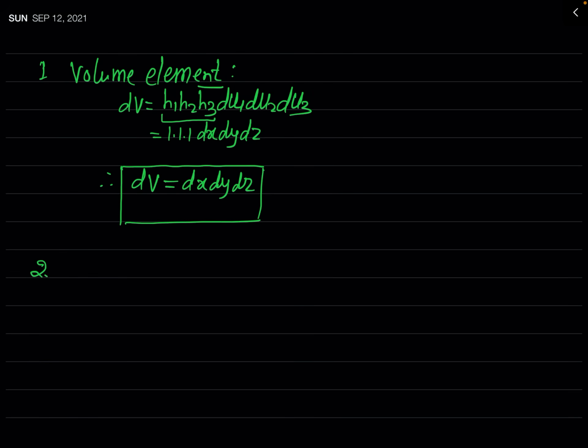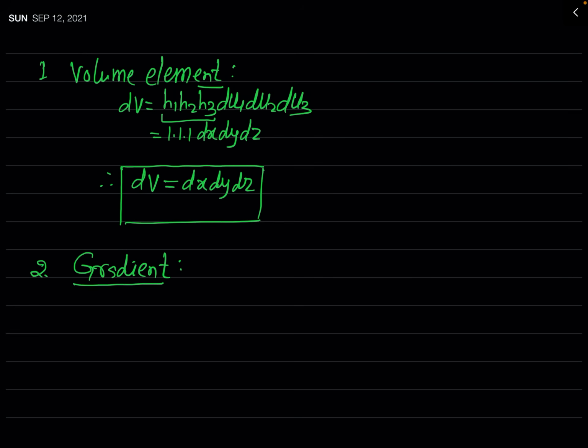Its use is in fact much greater in comparison to other coordinate systems. Now we will find the expression for gradient of a scalar function in Cartesian coordinate system.